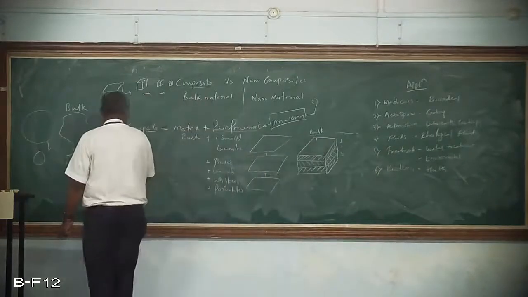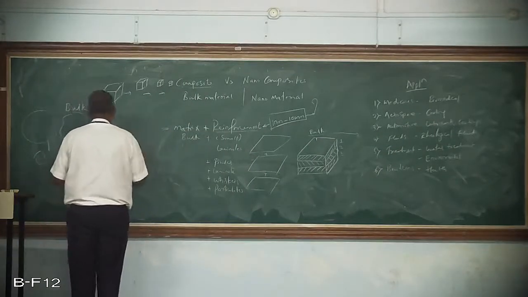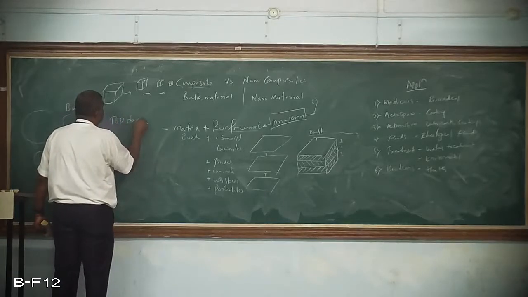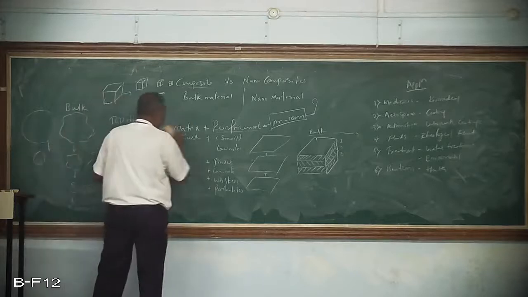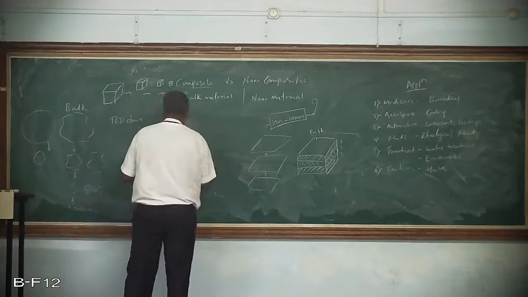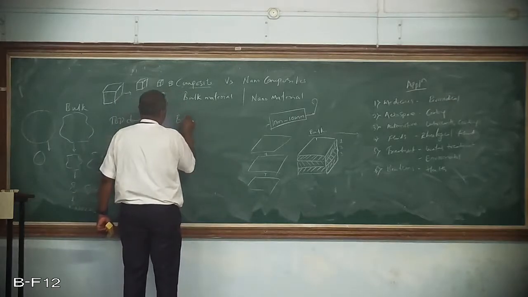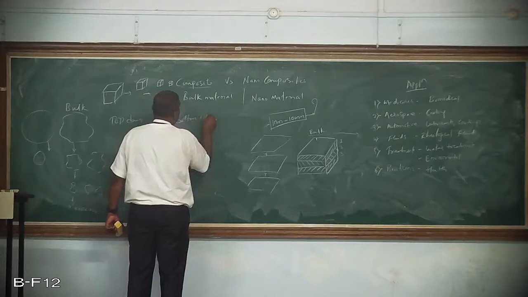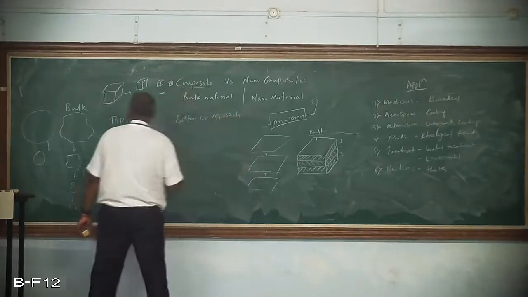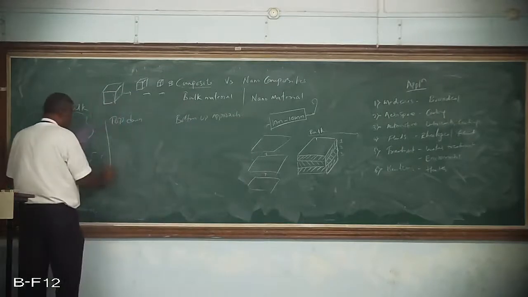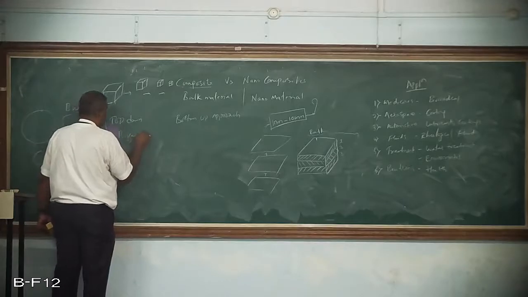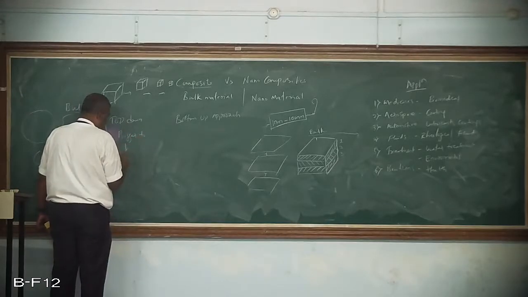Now here we can see there are two methods for producing nano material from bulk material. One is the top-down approach, and the other is the bottom-up approach. The top-down approach is nothing but converting bigger to smaller.